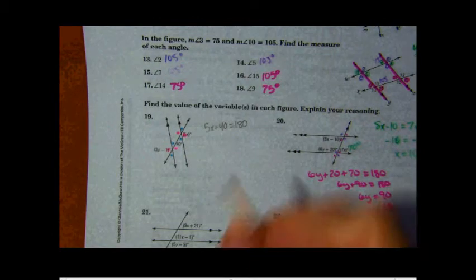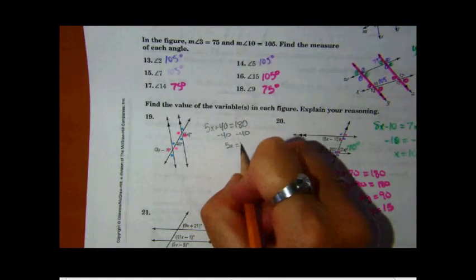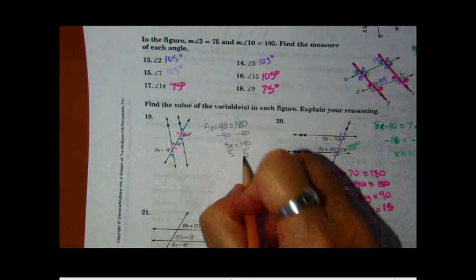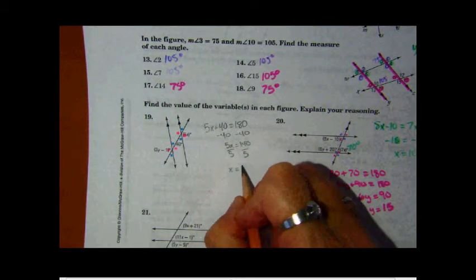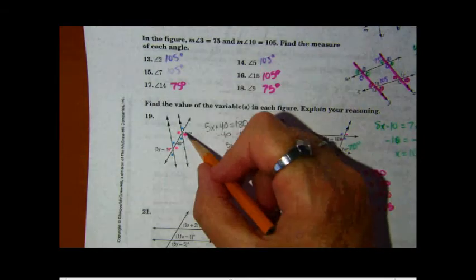Okay. So if I subtract 40 from both sides, I get 5x is equal to 140. Divide by 5, and x is going to be equal to 28. Okay. And again, that's because one was pink and one was blue.